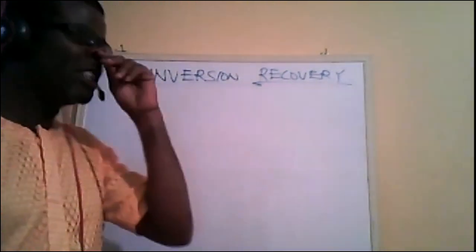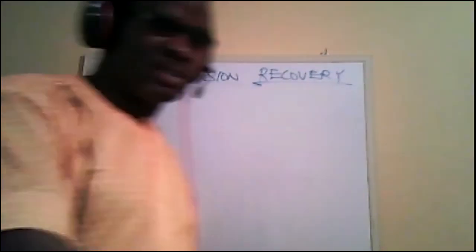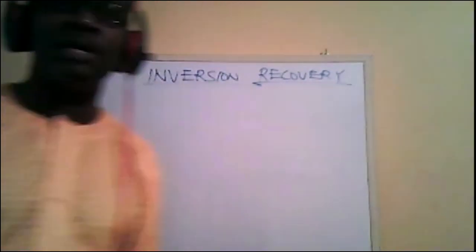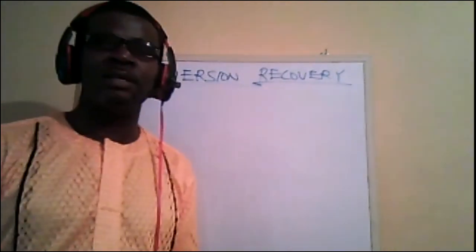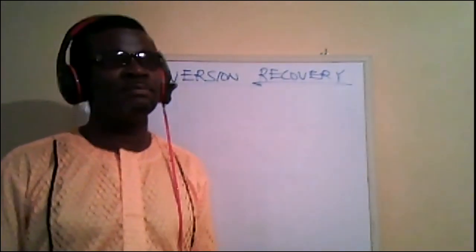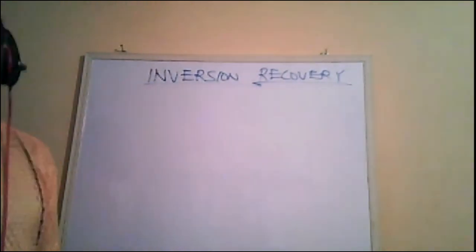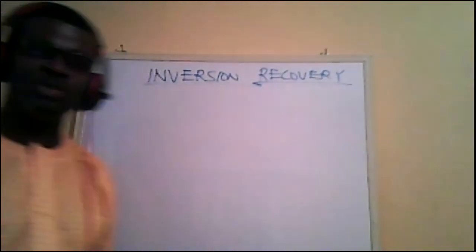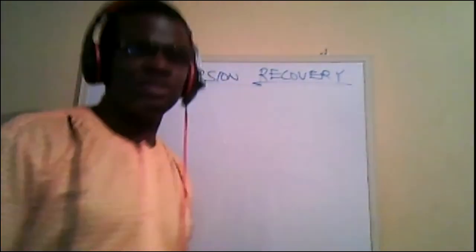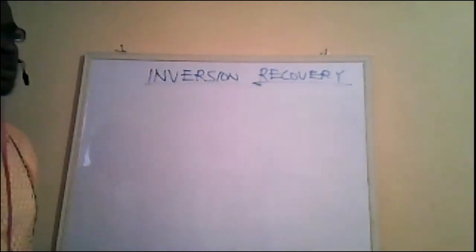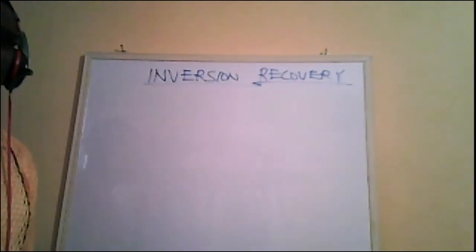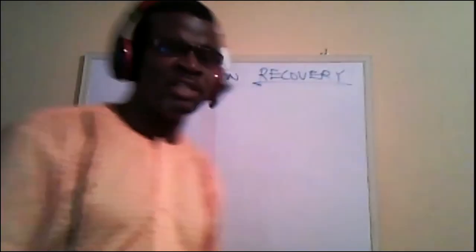Inversion recovery is a tool used to maximize contrast between tissues that have similar T1 weighting differences. It could also be used to suppress some tissues whose annoying signal we don't want in an image, or suppressing them in the sense that it will also improve the contrast between that tissue being suppressed and the surrounding tissue.